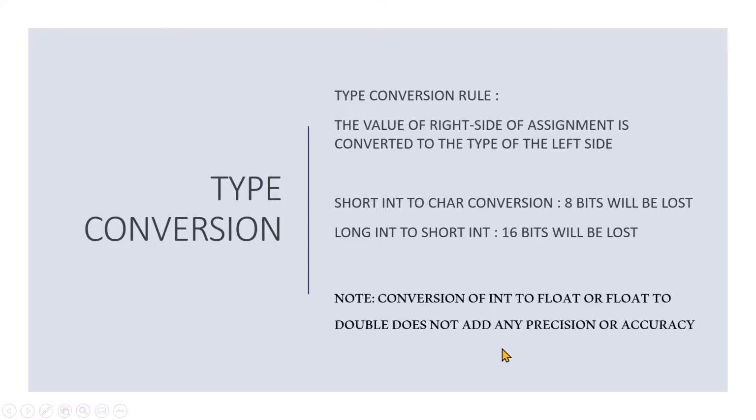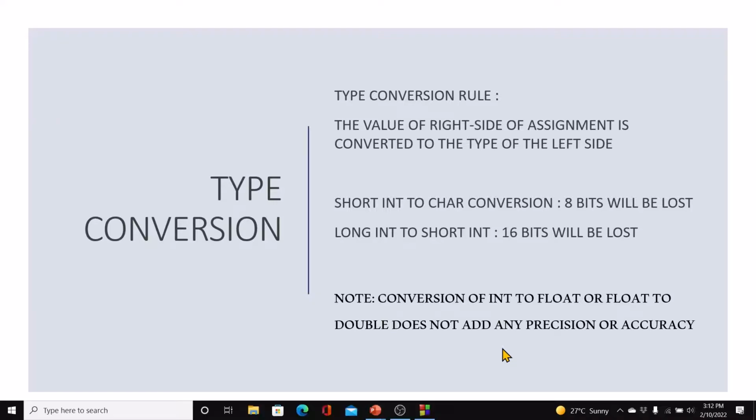What does this mean? So if I'm moving an integer type variable to a float type, I'm not going to get added decimal places or added precision. Similarly, if I move float to double, remember double gives us more precision. We're not going to get that additional precision.